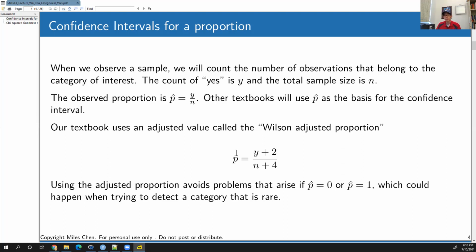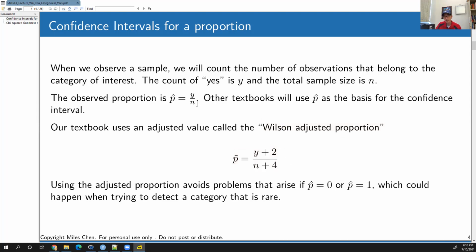Okay. And so, yeah, a question says, when we do problems on the exams, do you want us to use the adjusted p hat? I would want you to use this Wilson adjusted proportion. And I would specify that on a quiz, I'll say, create a confidence interval using the Wilson adjusted proportion or something like that. So I would clearly specify that this is the value that you should use, okay?